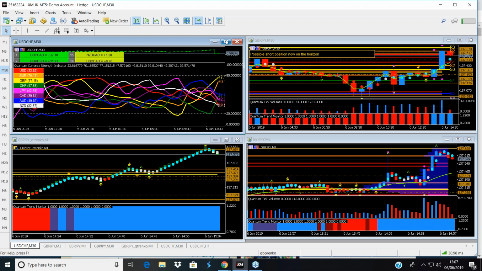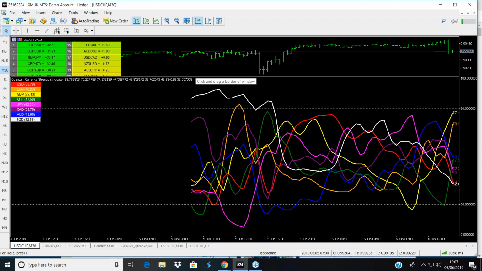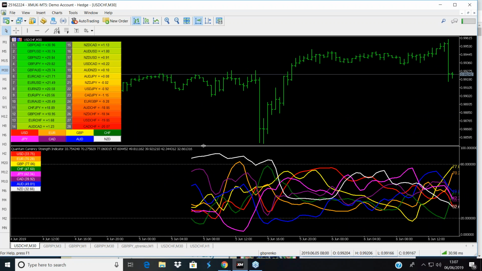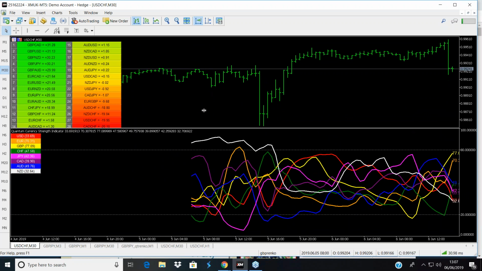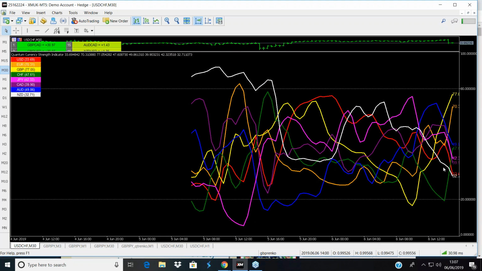And what I said earlier on, I have the 30-minute CSI here. On the same chart, I also have the matrix, because what the CSI does, it isolates the individual currencies. And we can see here, this was from this morning, where the pound was in a very, very heavy sell, and at some point we were waiting for a reversal. Well, that certainly has happened, although, as always with the pound yen, it has been accompanied with a degree of volatility.